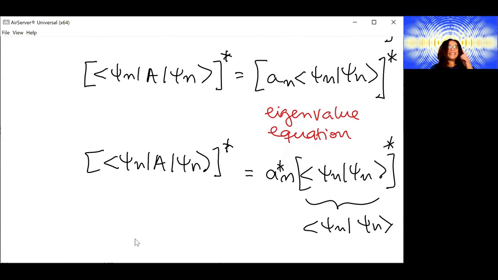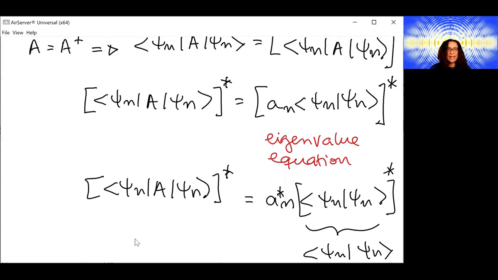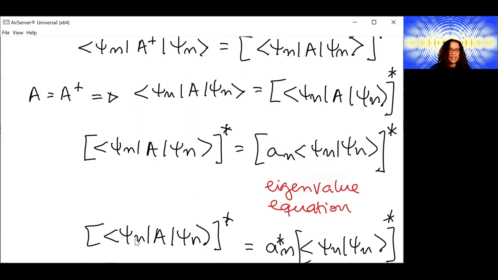Remember now that we said that A is equal to A dagger. So we know that this ⟨ψn|Aψn⟩ star is equal to ⟨ψn|Aψn⟩.